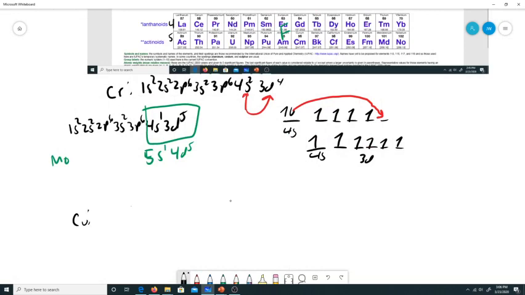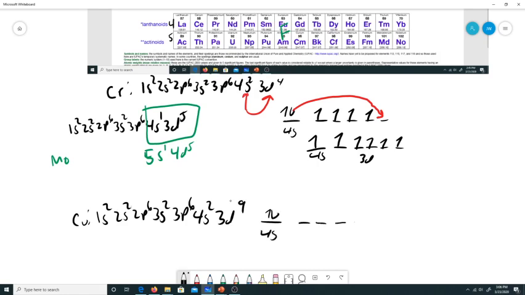So Cu: 1s2, 2s2, 2p6, 3s2, 3p6, 4s2, 3d9, and if I draw that out, here's my 4s, up, down, 1, 2, 3, 4, 5 orbitals for my 3d's, up, up, up, up, up, and then down, down, down, down, down.